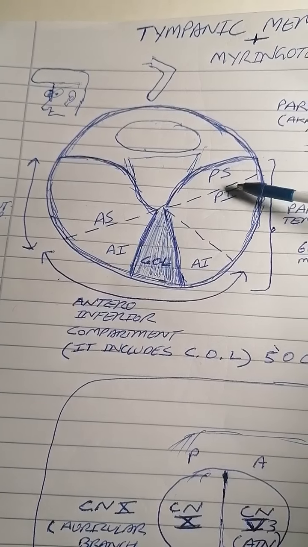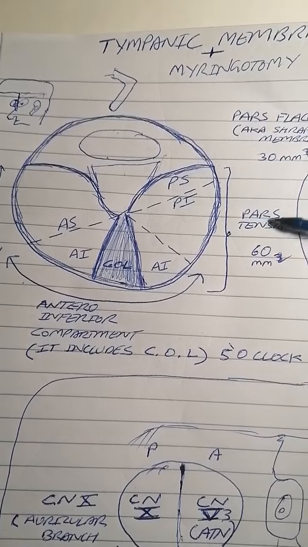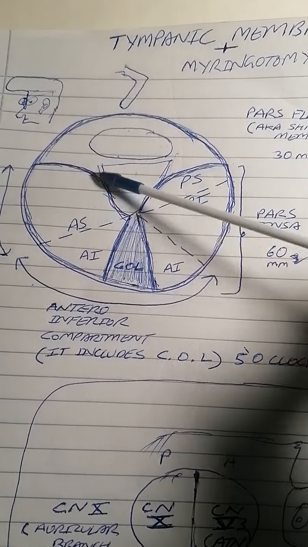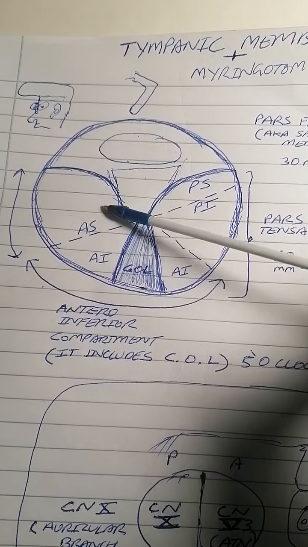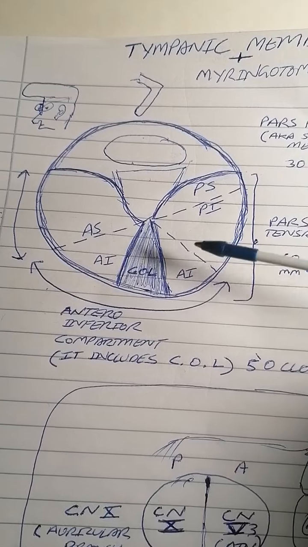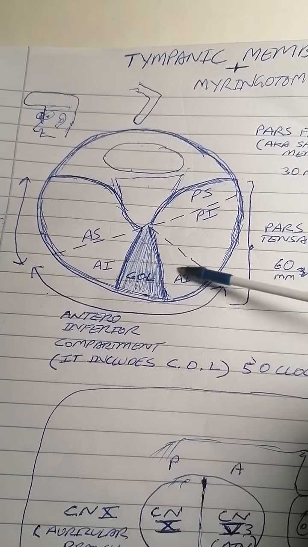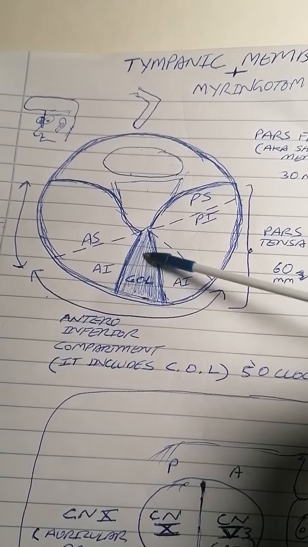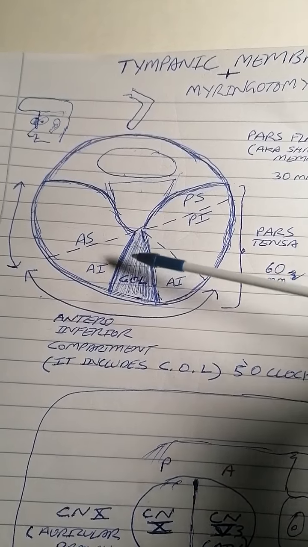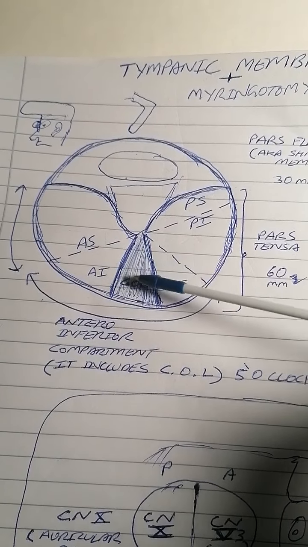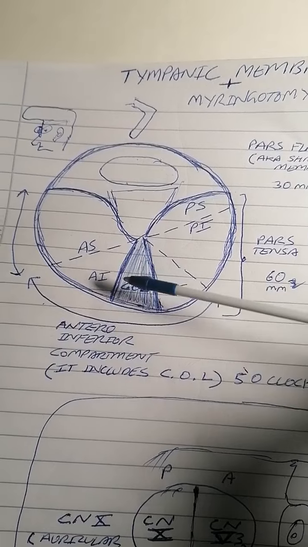Let's start again. The pars tensa was divided into four quadrants. This one over here is anterior superior, and this whole area is anterior inferior. It includes something known as the cone of light, which I'll tell you about later.